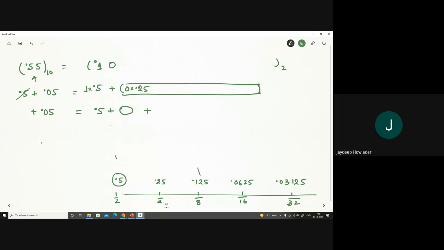So shall I take this one? No, sir. This one is also not taken because it will again exceed the value. So I shall not take this also. So again there will be a 0 here.